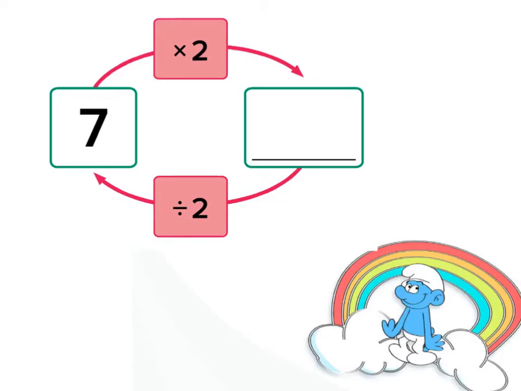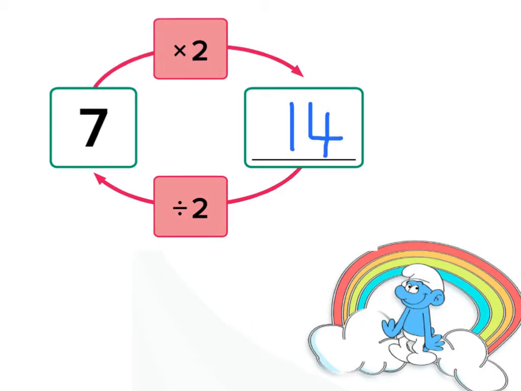Let's have a look at this arrow diagram to show the relationship between multiplication and division using our 2 division facts. So what would the answer be in this little box here? What should the number be in the second box? Well, I know it's going to be 14, so let me write 14 in there.